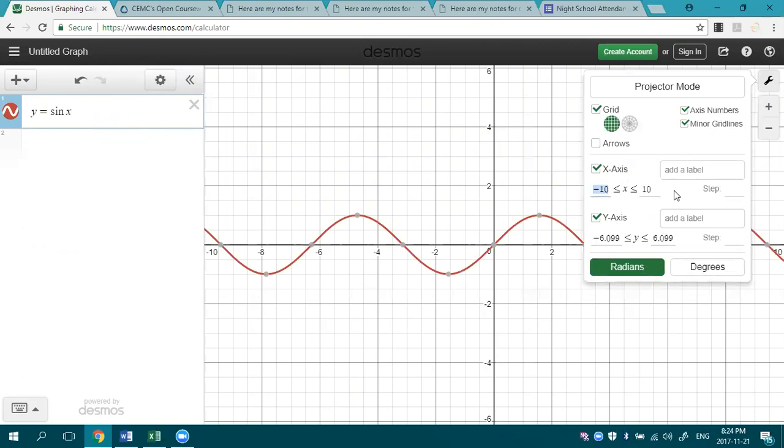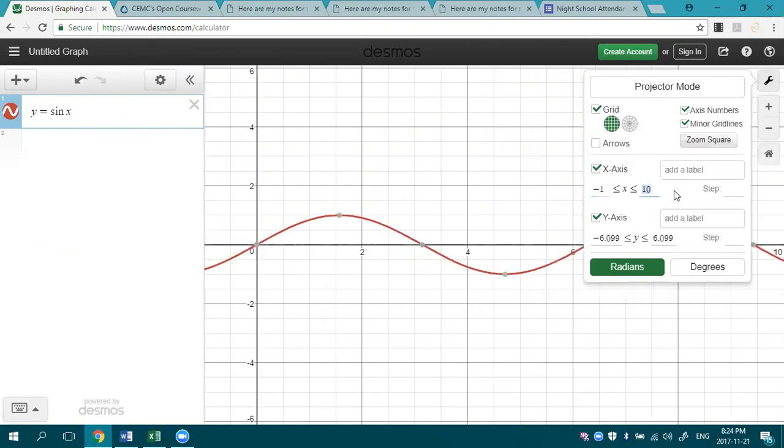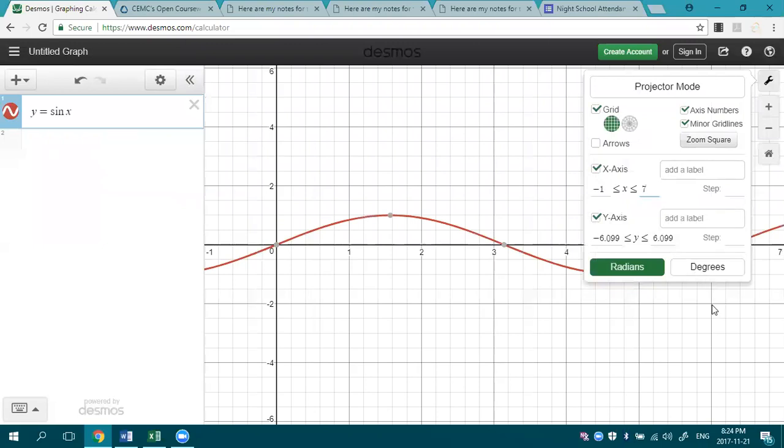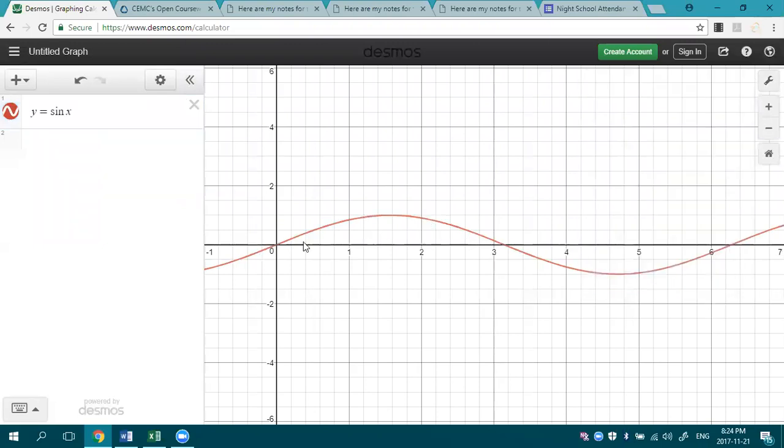I want to be in from what? Go -1 to 7. Sure. Okay, so that's the regular sine wave that we just graphed. So the original one is at 0, 0, pi by 2, 1, pi, 0, 3 pi by 2, -1, and 2 pi, 0. So I'm just going to put in the rest of that.